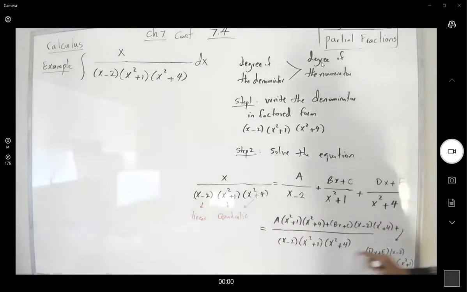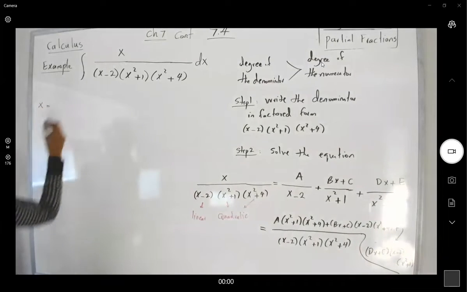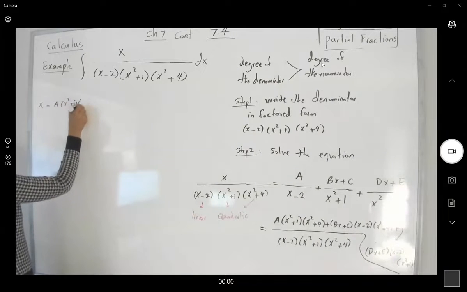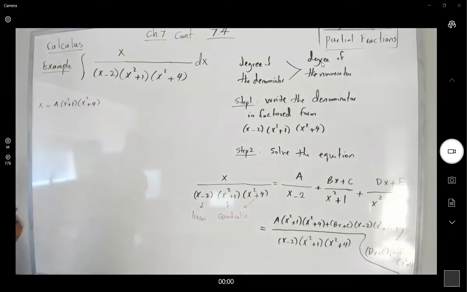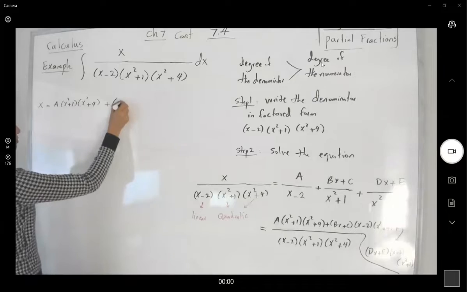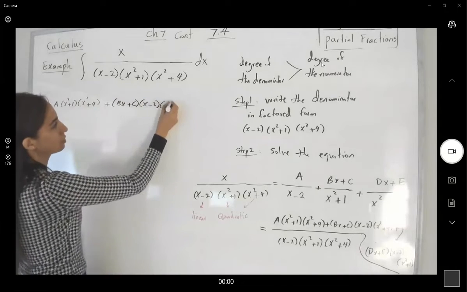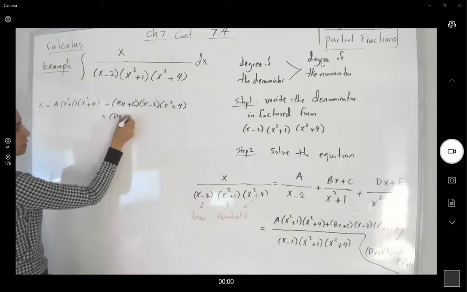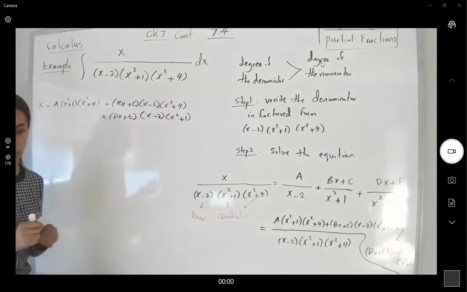I'm going to write down this numerator there. So it is going to be x equals a times x squared plus 1, x squared plus 4, plus bx plus c, x minus 2, x squared plus 4, and plus dx plus e times x minus 2, x squared plus 1. So let me erase this one.